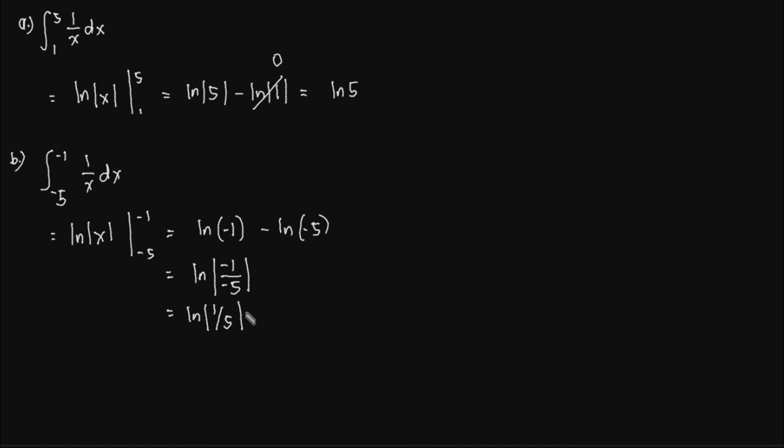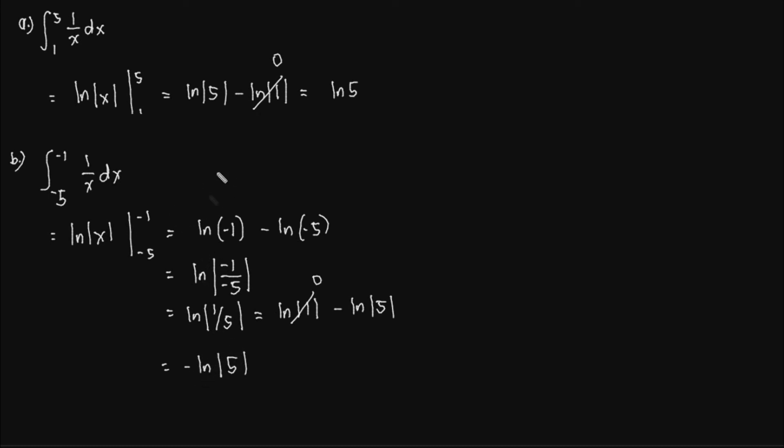That in this case, the value of this expression is ln of 1 over 5, or we could simply say na this will be equal to the natural logarithm of 1 minus the natural logarithm of 5, which gives us the value which is negative of ln of 5. Okay, so this expression is somewhat same dito beside the fact na negative yung ating natural logarithm of 5.